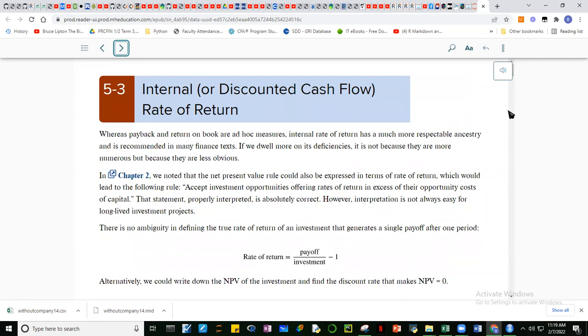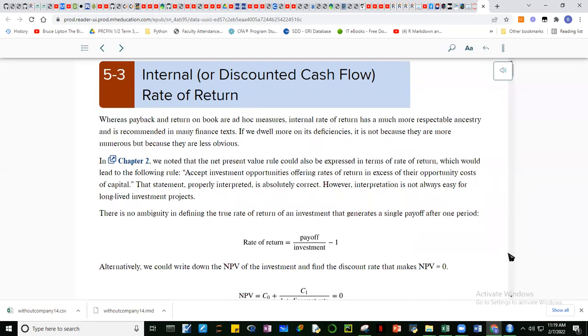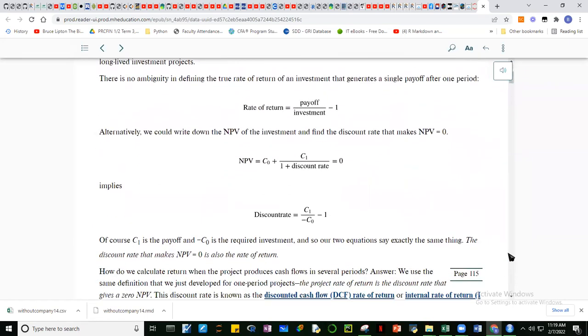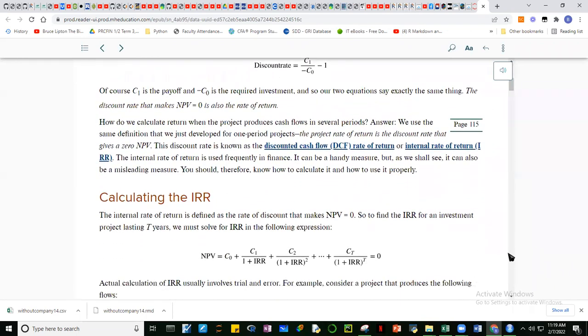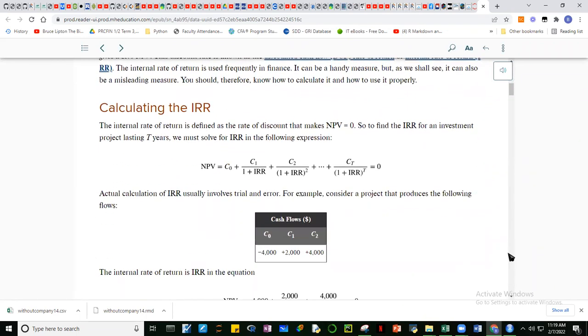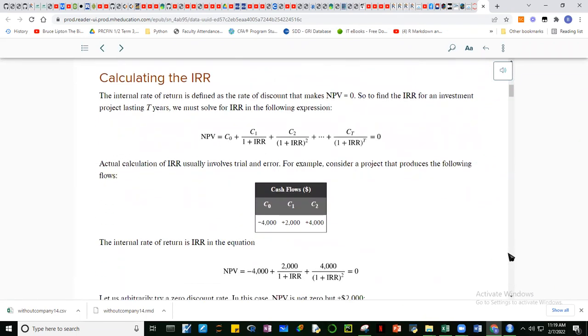Okay, third is the, aside from NPV, also your accounting return, also your payback period, meron din tayong IRR. Okay, so IRR, internal rate of return. Okay, so there's a way to compute IRR. And yung pag-compute ng IRR, guys, dati nung hindi pa namin ginagamit yung Excel, napaka-iterative yan.